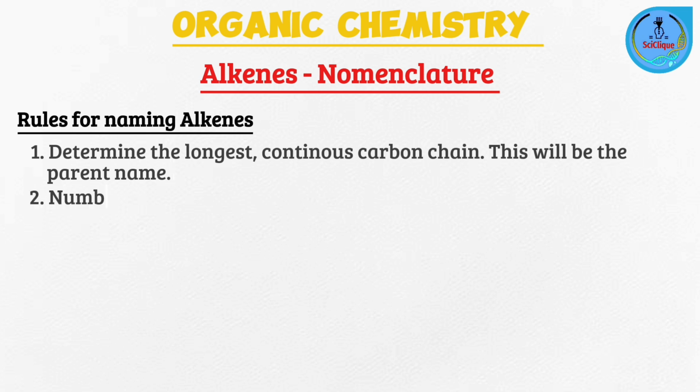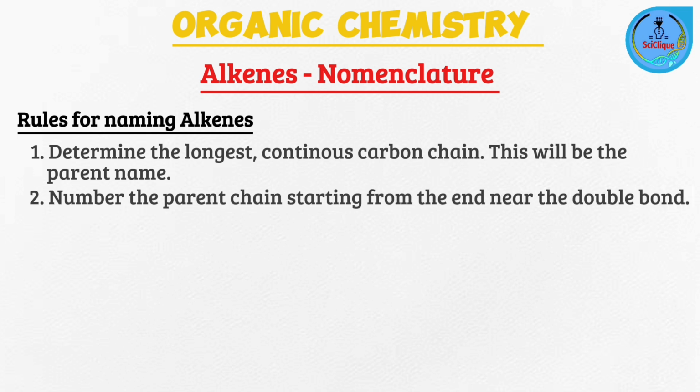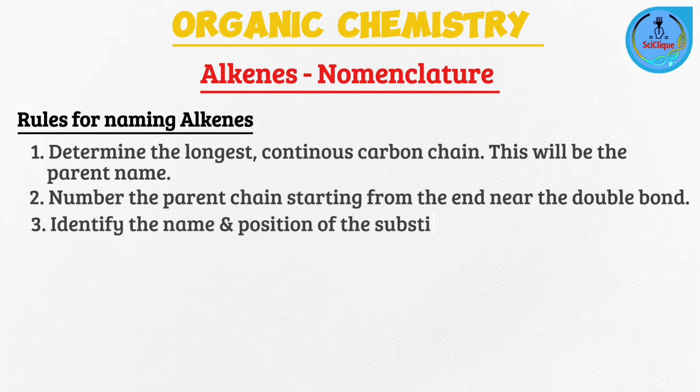Rule number 2, number the parent chain starting with the end near the double bond. Rule number 3, identify the name and position of the substituent groups present.